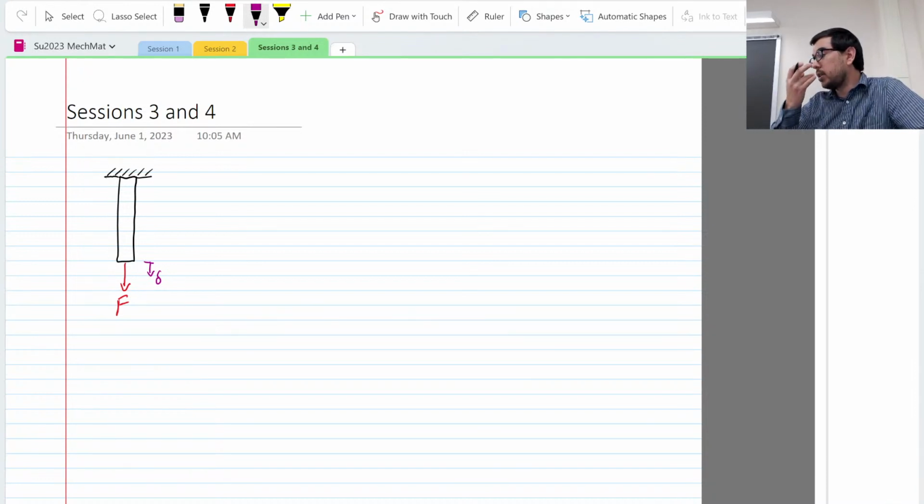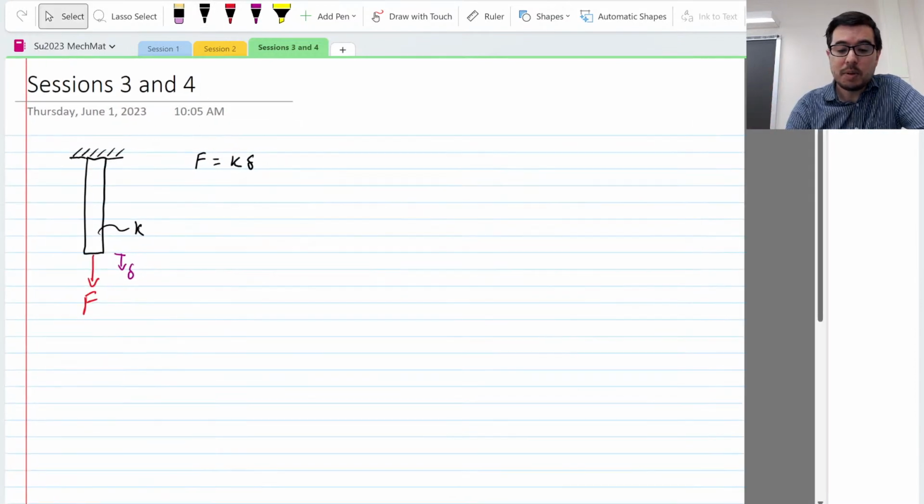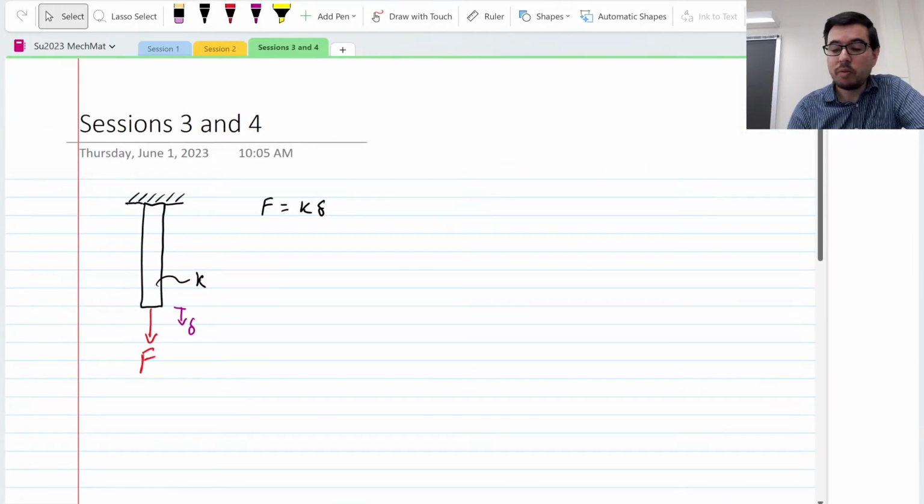We'll talk about more detailed methods of handling this normal loading. But right now, what we're essentially saying is, there's just some spring constant, and I know that F equals K delta, and you can manipulate this simple equation multiple ways. You can look at what the K is, what the displacement is, and what the force is.